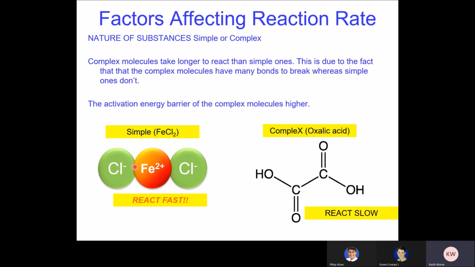Oxalic acid would display hydrogen bonding, but it's not involved in the process at all. Yes, it's about how many bonds have to be broken for this thing to react.